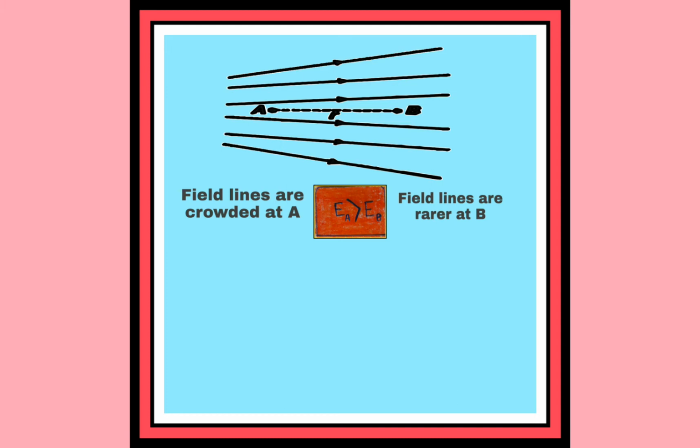In the given figure, at the point A, the electric field lines are more crowded, and at the point B, the electric field lines are less crowded. Therefore, the electric field at A is greater than the electric field at the point B.